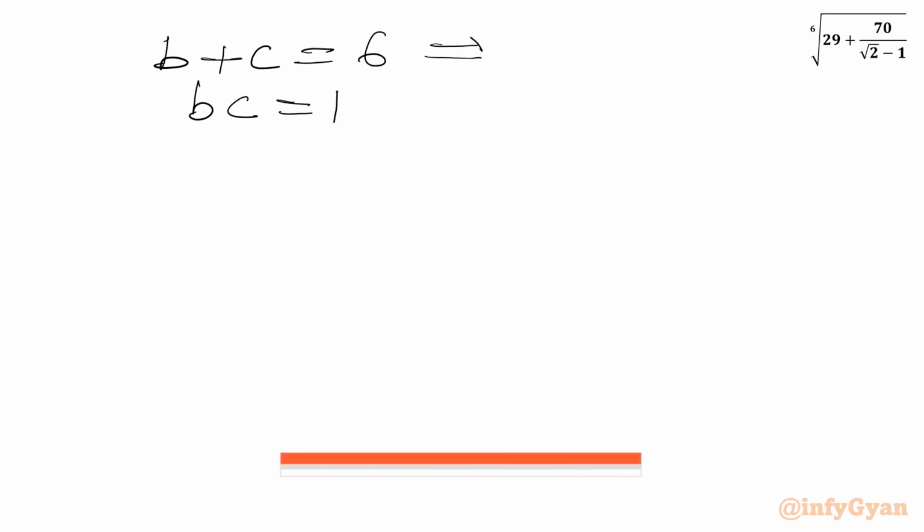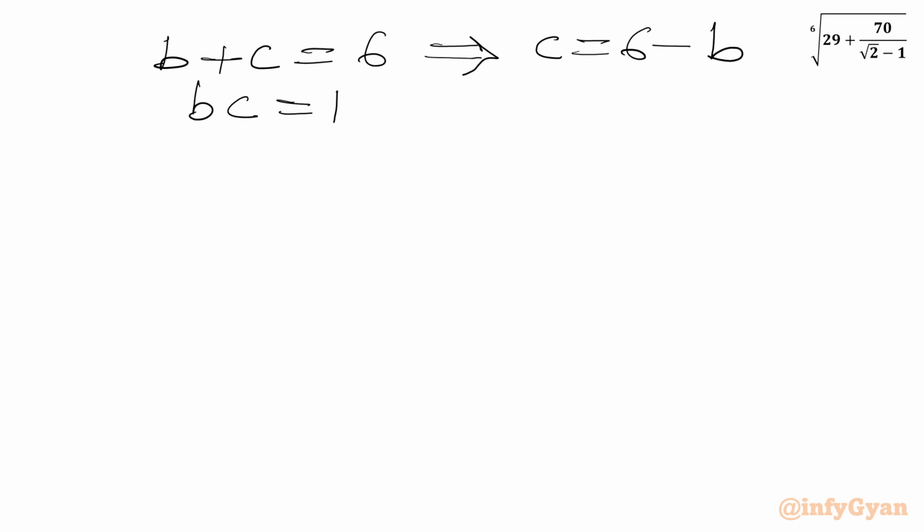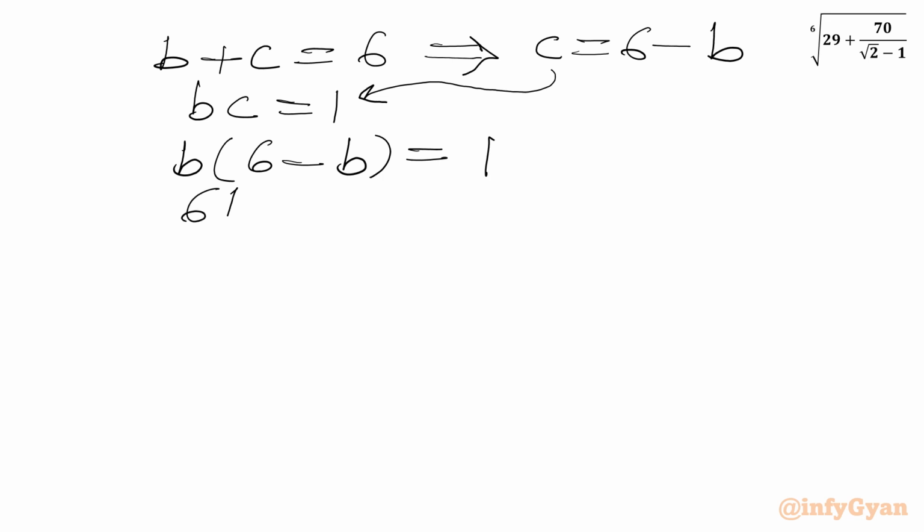So from this equation I can write c is equal to 6 minus b, which we are going to apply in this equation. So I will write b times 6 minus b equal to 1, or 6b minus b square equal to 1.